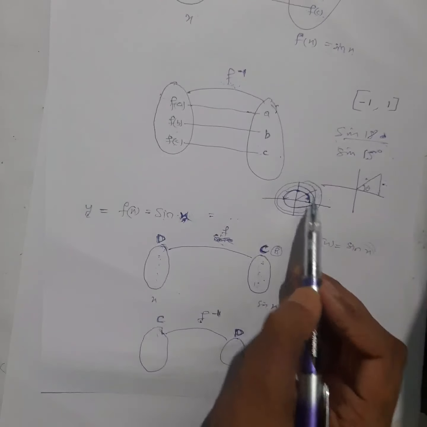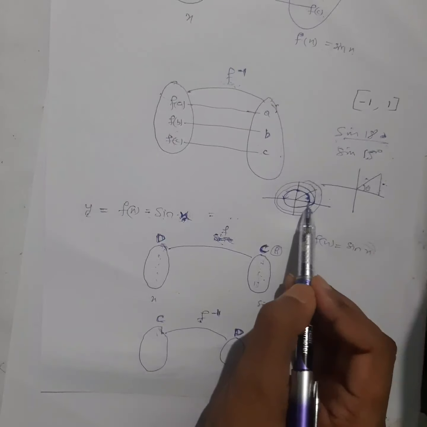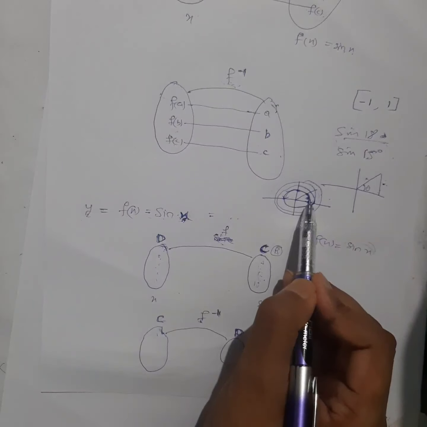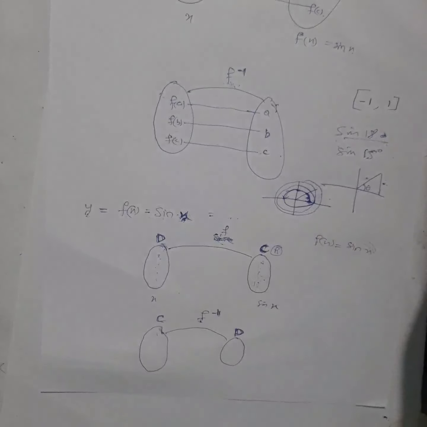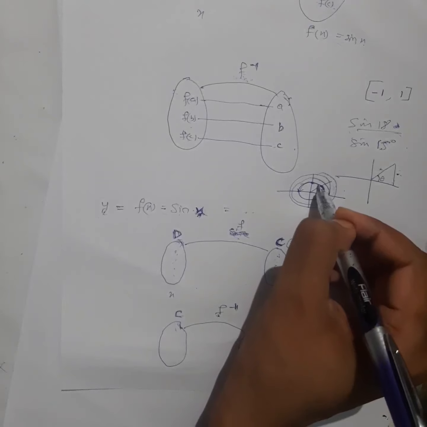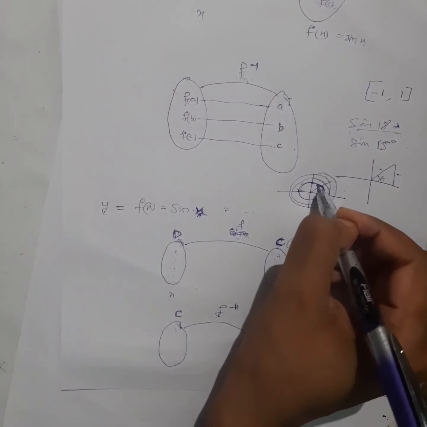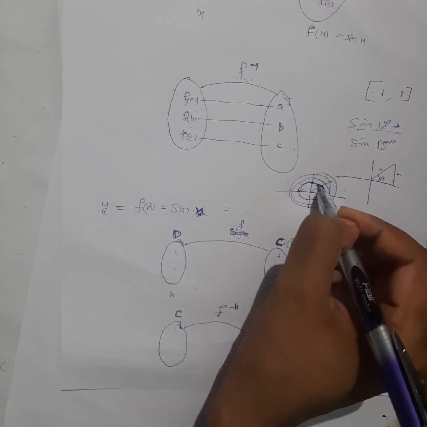If you want to find sine 0, first 0 degrees, suppose without any rotation, sine 0 is how much? 0. Sine 30 is how much? 1 by 2. Then sine 45 will be somewhere in the middle, right? Sine 45 will be 1 by root 2.